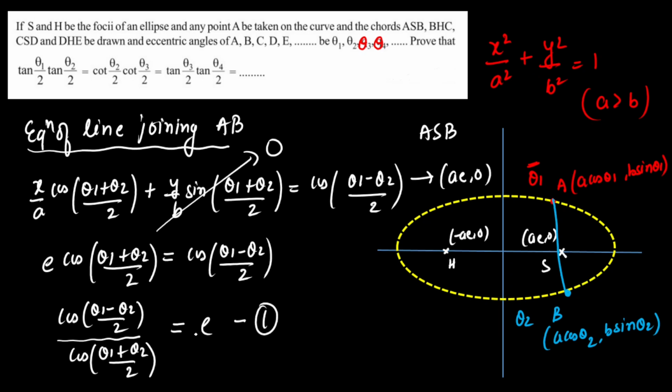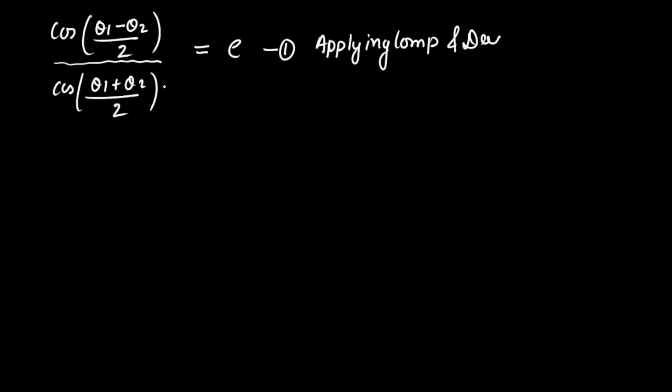Now, in order to get tan theta 1 by 2 and tan theta 2 by 2, as given in the question, I'm going to apply componendo and dividendo. Applying componendo means adding denominator to numerator, so we get cos of (theta 1 minus theta 2) divided by 2 plus cos of (theta 1 plus theta 2) divided by 2. Dividendo means subtracting denominator from numerator, so we get cos of (theta 1 minus theta 2) divided by 2 minus cos of (theta 1 plus theta 2) divided by 2.